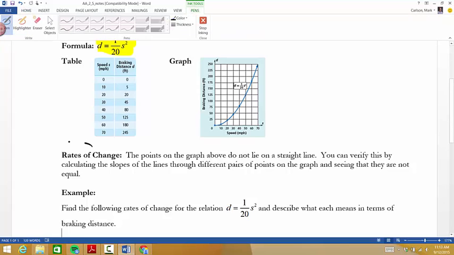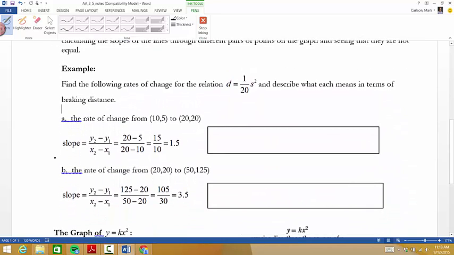If you think about rate of change, if it's constant, it's got to be a line. Well, if I look at the rate of change between two points, 10, 5 and then 20, 20, it's going to be 1.5. But then if I switch my points, look at say 20, 20 and 50, 125, you'll notice that now my rate of change is 3.5.